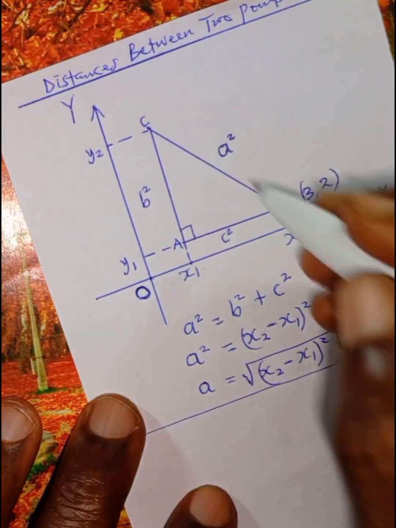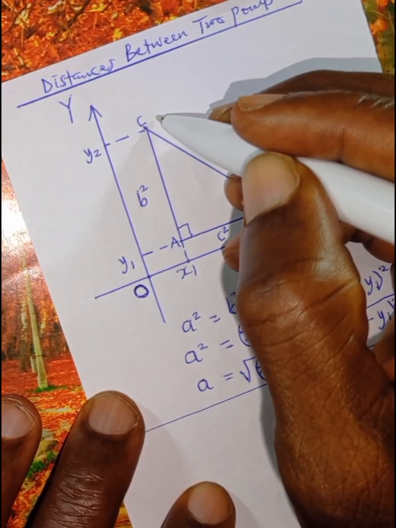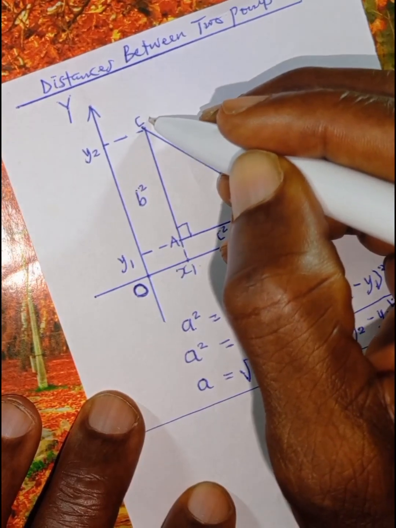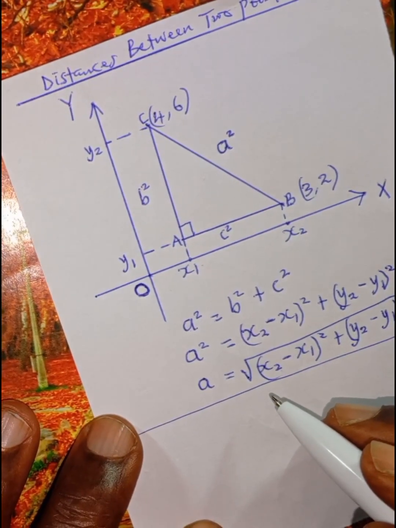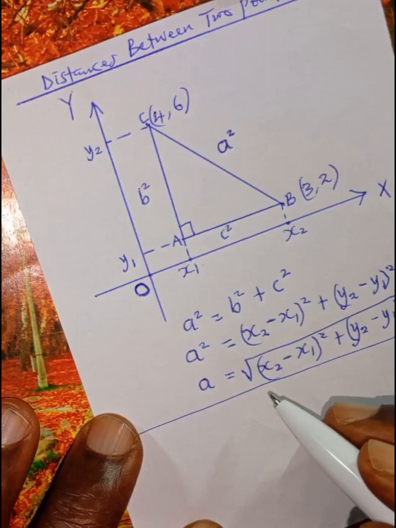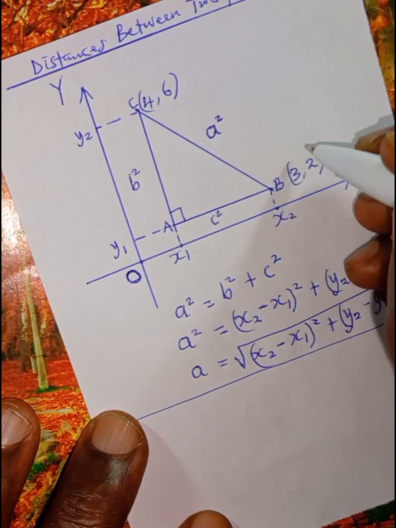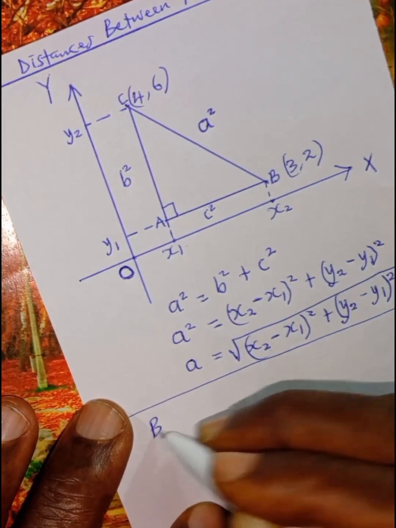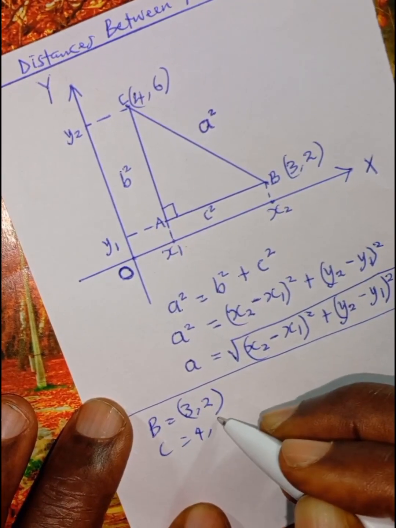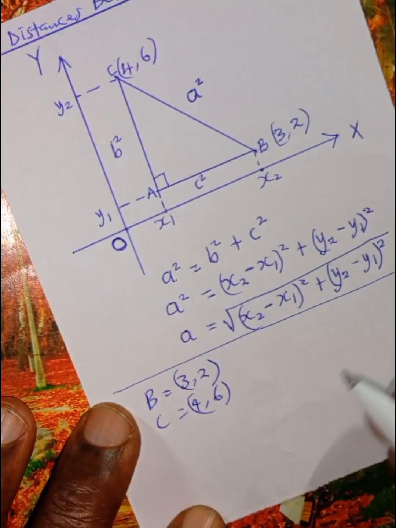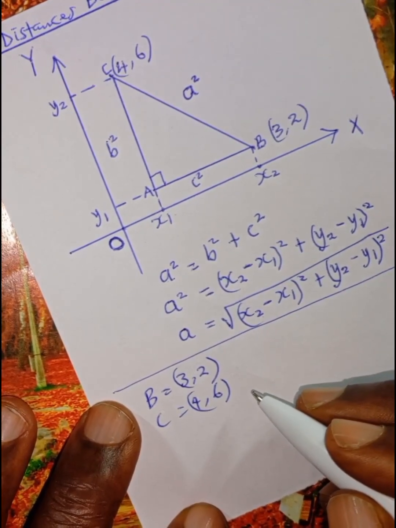That is the 2 coordinates that created this point B. Then our point C is 4 and 6, just an assumption. B is equal to 3, 2, and C is equal to 4, 6. We are assuming the drawing may not be exactly what we have said. Some other time we can do that.